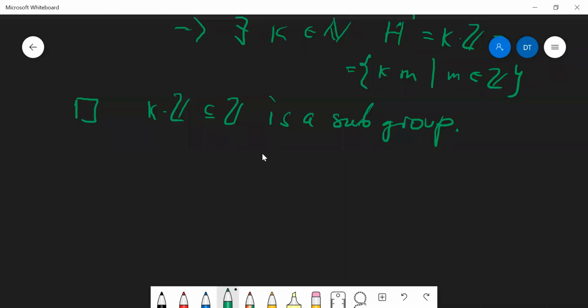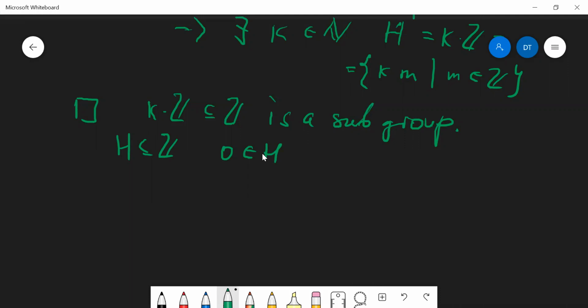Now suppose that H is a subgroup. Now it must contain the zero element. So the neutral element must be inside H by the definition of a subgroup. Now we have two options. Either 0 is the only element.